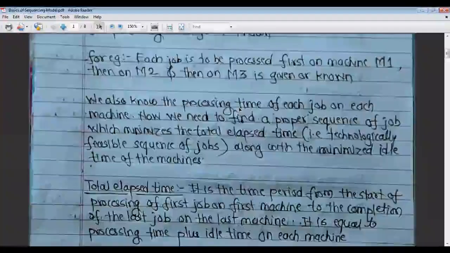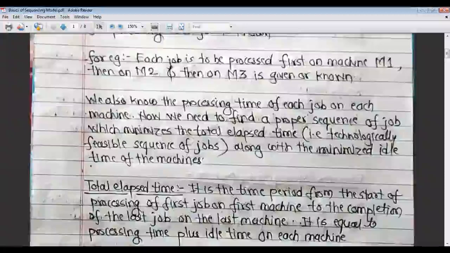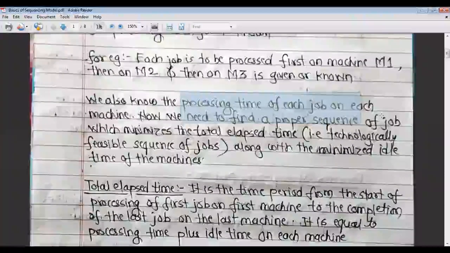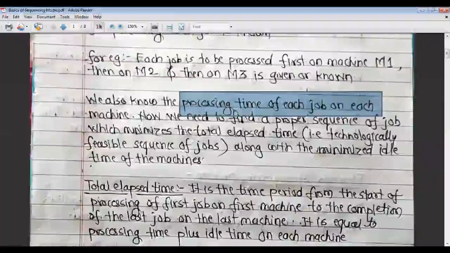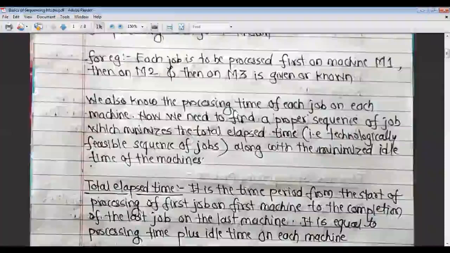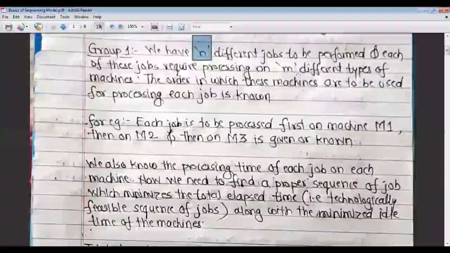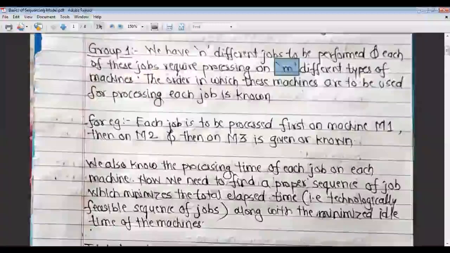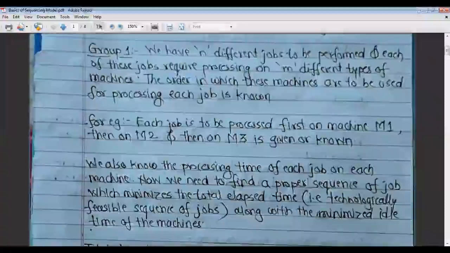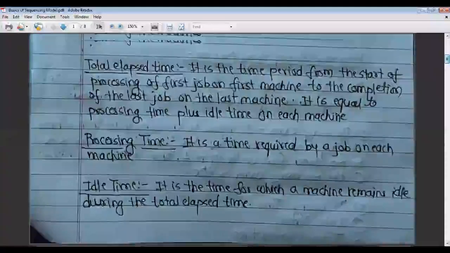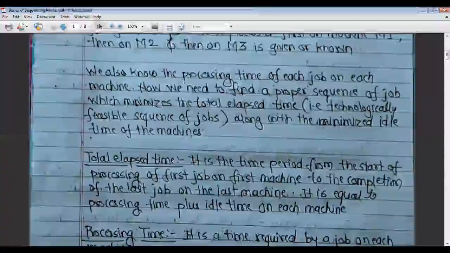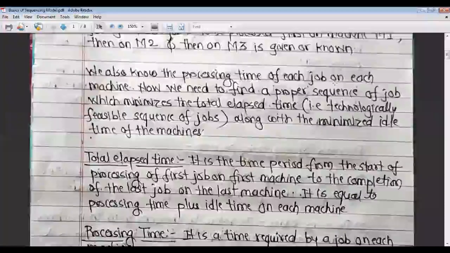Another thing we know is the processing time of each job on each machine. So that is also known to us. The input in this particular case is the number of jobs, the number of machines, the processing order of the machines, and lastly the processing time of each job on each machine.